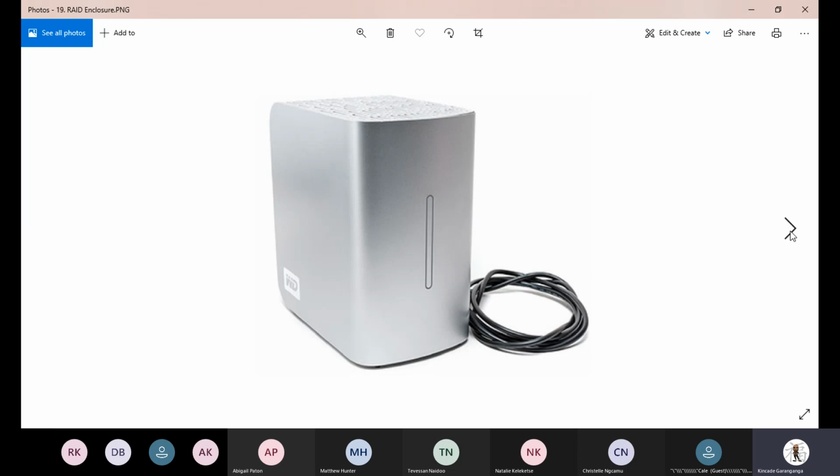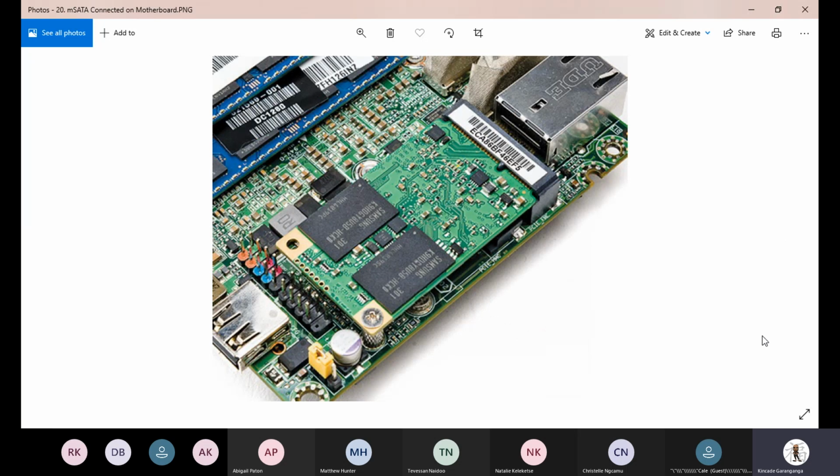And then when you're looking at the whole concept of the solid state drives we were mentioning earlier on, your M2 and your mSATA, literally one and the same in terms of the way in which you plug them onto the board and so on. That's a typical example of an mSATA platform that you can plug in to a distinctive board.